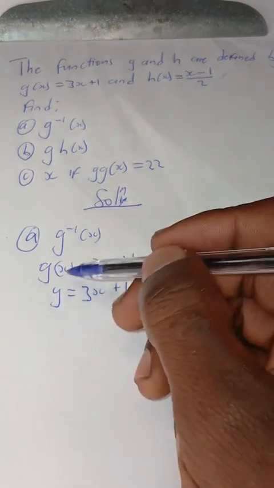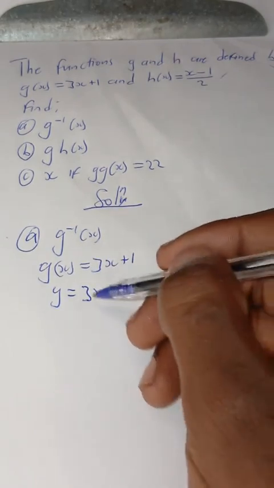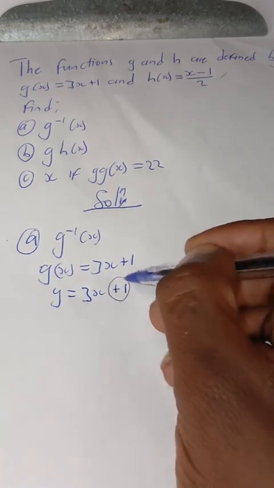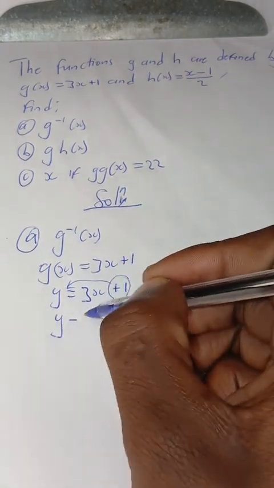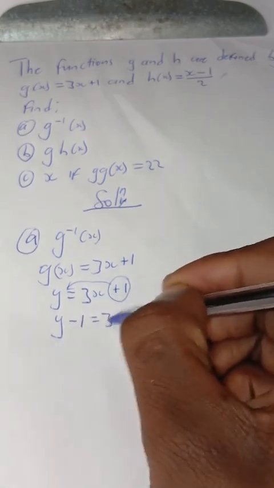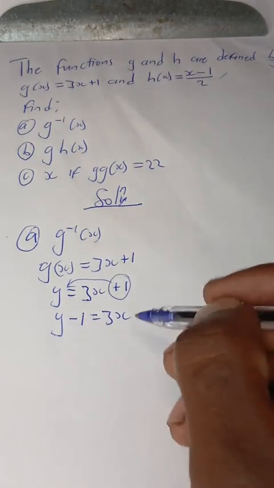This y is just replacing this expression here. Then we solve for x. We make x the subject of the formula. So we're going to have y minus 1 is equal to 3x.